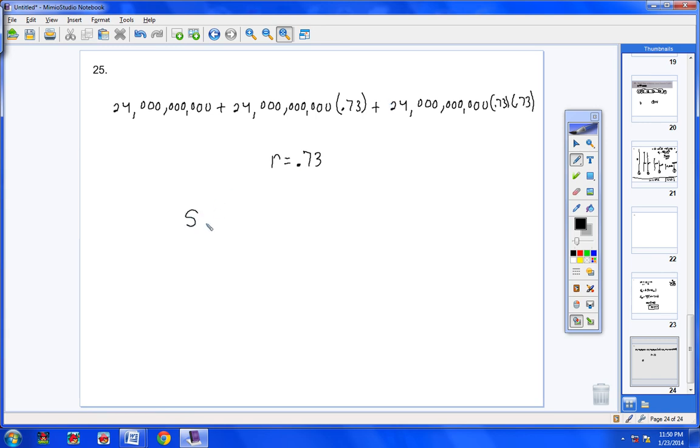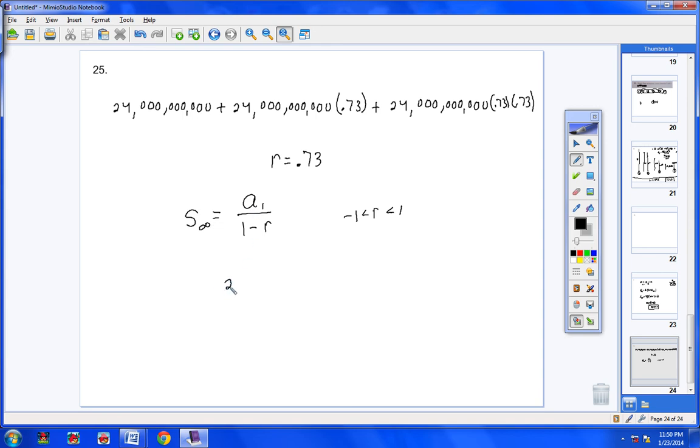So in other words, we're going to have to use the formula right here, a subscript 1 over 1 minus r, as long as r is less than 1 and greater than -1, and we're fine. r is 0.73, so it definitely falls in there. So we're going to find the sum of an infinite geometric series.